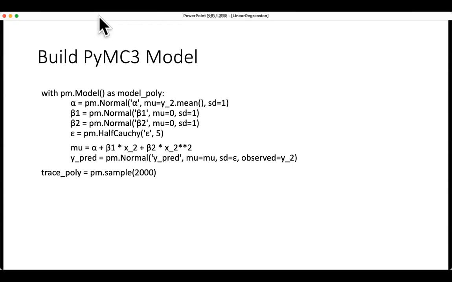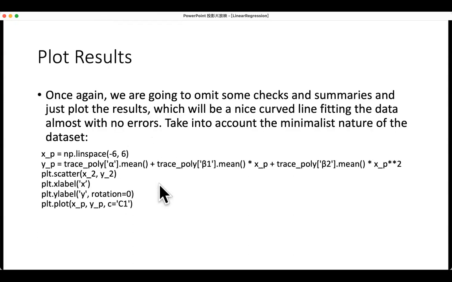Okay, so let's get started. Once we have this model and generate the 2000 samples, we can get the mean of alpha, beta 1 and beta 2, and use that to draw the parabola.